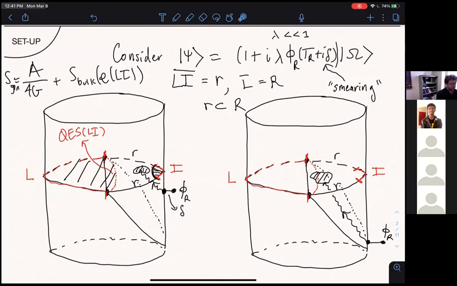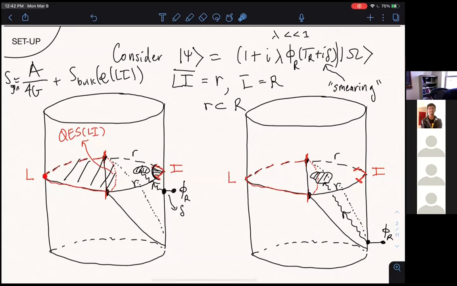Are there any other questions about this setup? In particular, anybody who doesn't know much about quantum extremal surfaces that needs more clarification. Yeah, I have one question. What is the connection between L and I? There's no explicit connection. I'm just picking my boundary region to be the union of these two regions on the boundary.